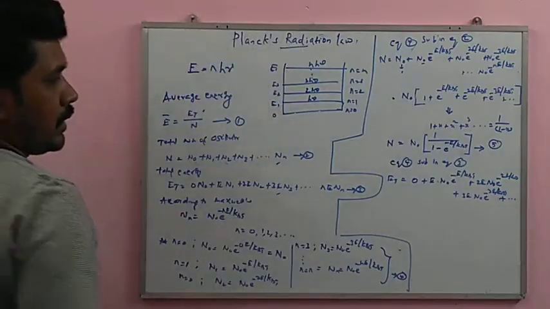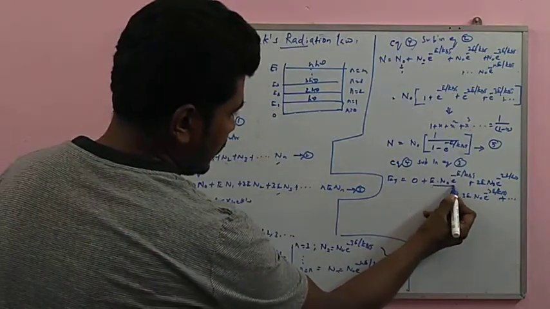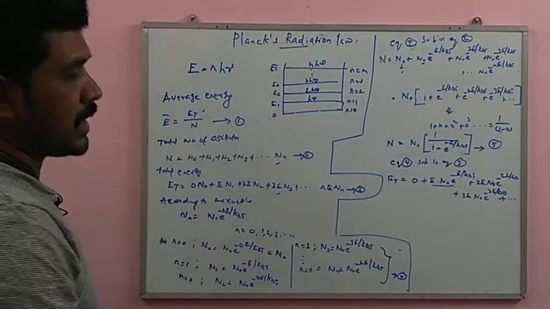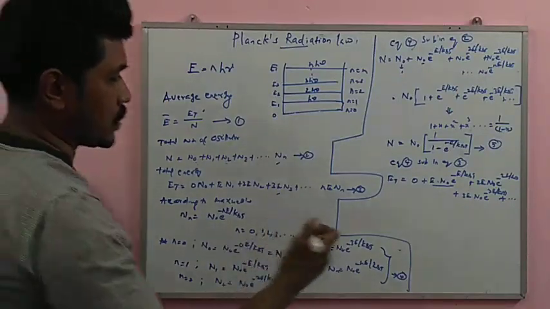Here the common factor is E into N0 e power minus E by kBT. Let's take out the common factor.